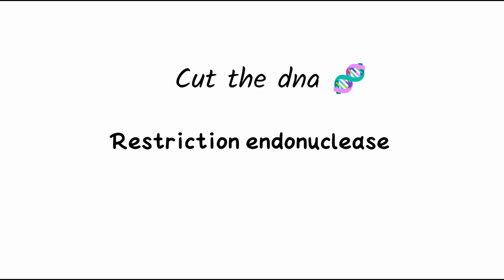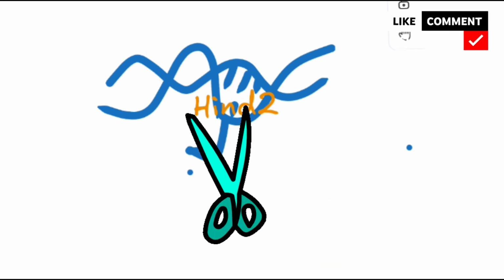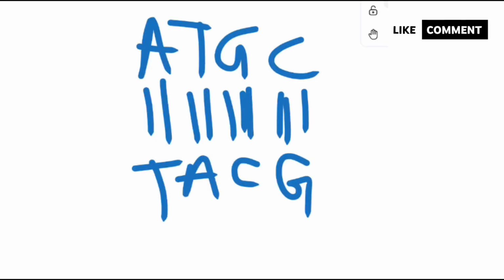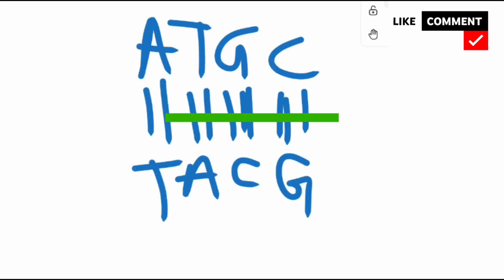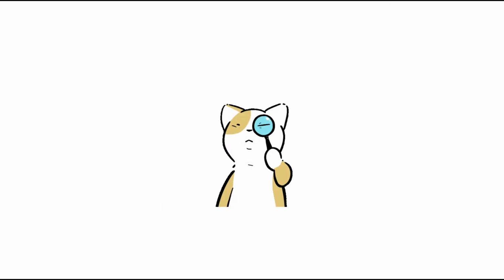The first restriction endonuclease, HinII, whose function depended on a specific DNA nucleotide sequence, was isolated and characterized 5 years later, and it was found that HinII always cut the DNA molecule at a particular point by recognizing a specific sequence of 6 base pairs. This specific base sequence is known as the recognition sequence for HinII. Besides HinII, today we know that more than 900 restriction enzymes have been isolated from over 230 strains of bacteria, each of which recognizes different recognition sequences.